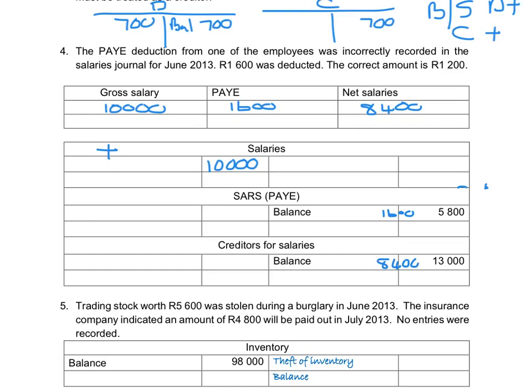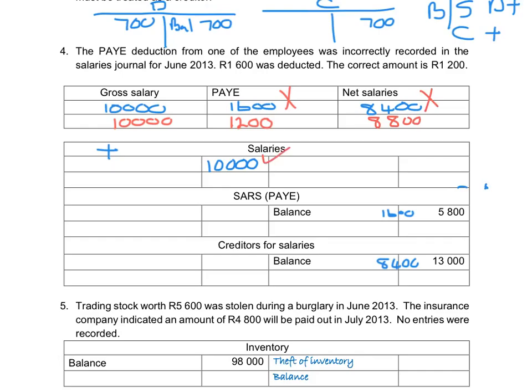Now this entry was incorrect. This pay-as-you-earn was supposed to be 1,200. So it means the basic salary was still 10,000 minus the 1,200 will give us 8,800 Rand. So the net salaries was also incorrect that we recorded.